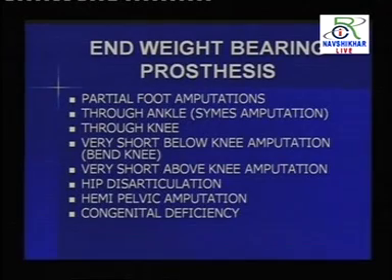These are congenital deficiencies, and due to them there is also a requirement of the prosthetic part. So in these few cases we fit end weight bearing prostheses. We'll go into the detail of this.